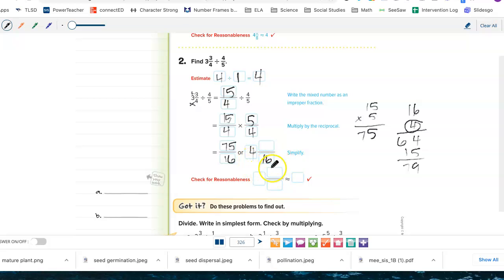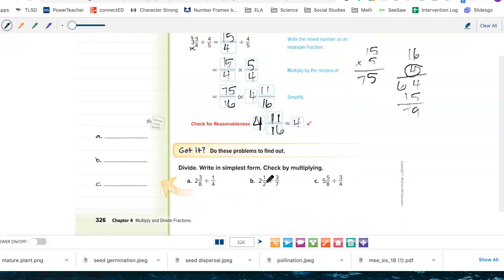That gets me to 64. I need to add how many more to get to 75? I need to add 11 more, right? Because if I add 11 here, I get 75. So my answer, 4 and 11/16. Is that close to 4? Yes. So that's about right.